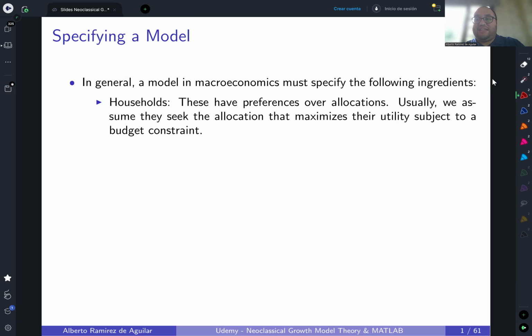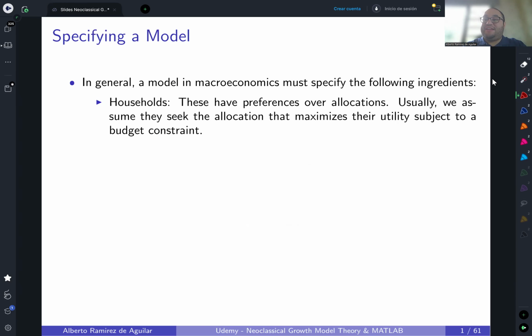And importantly, we usually assume that they seek to maximize these preferences, or sometimes these preferences are referred to as utility, subject to a budget constraint. And this budget constraint is going to be changing depending on the model that we study. And I'll be more specific on that as the course unfolds.